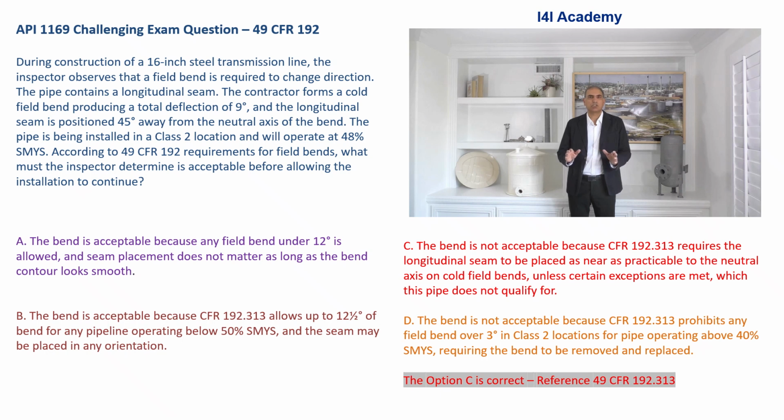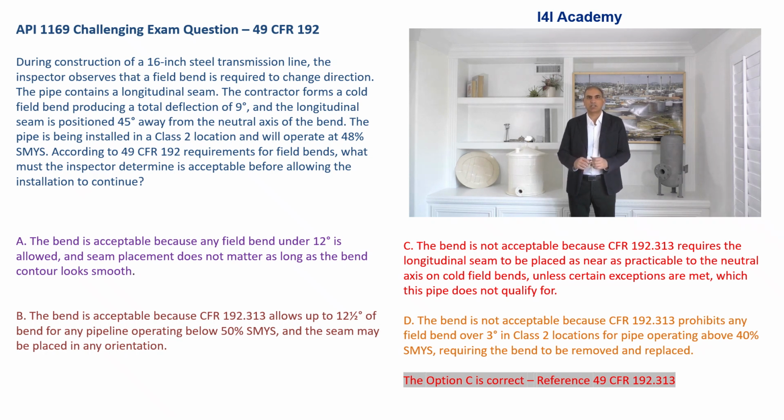In this situation, the pipe is 16 inches, was bent cold, and no internal mandrel was used. That means none of the exceptions apply. Because the longitudinal seam is 45 degrees off the neutral axis, the bend violates the CFR requirement. Option C properly identifies this and states that the bend is not acceptable.